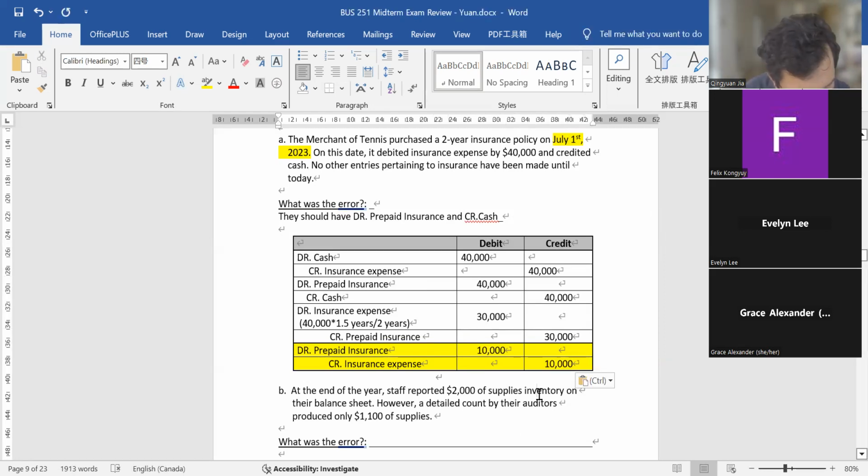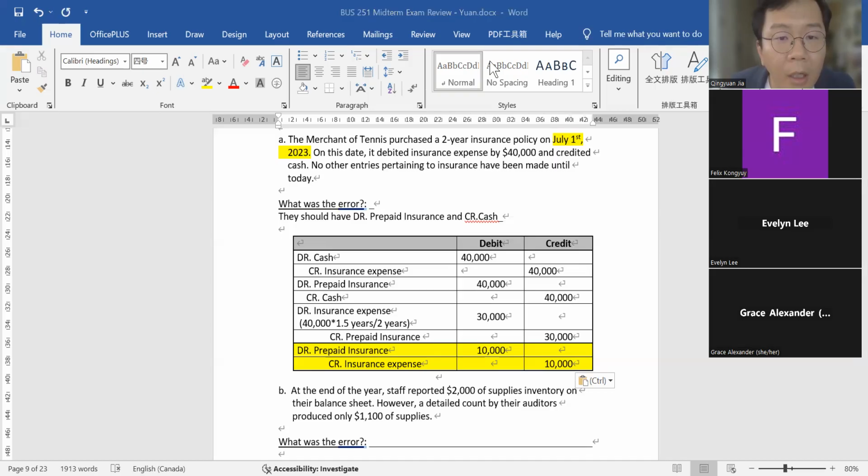Okay, so the yellow section is the combined entries. You just add all of this together because some of the accounts are the same. You add the numbers together, you get the yellow line. And if you can do this yellow line at the exam, it will be fine. Otherwise you can just start from the beginning, and this is much easier for you to understand.